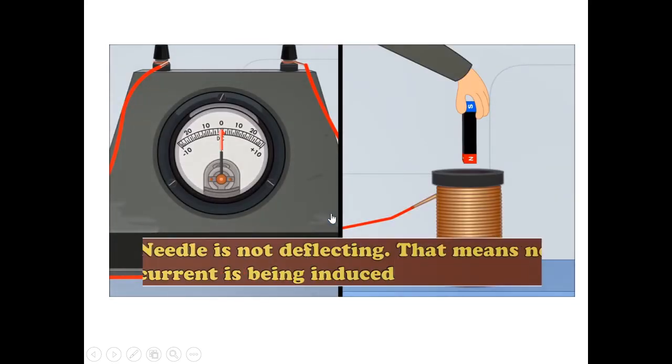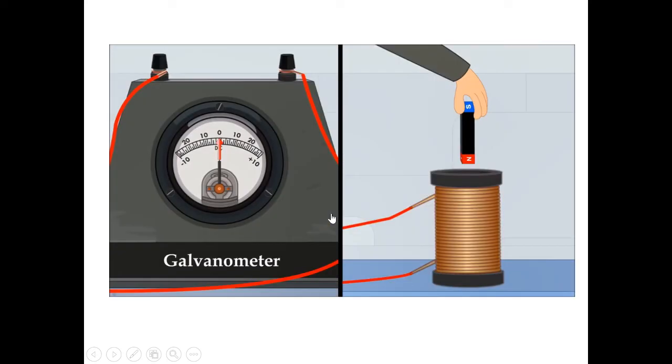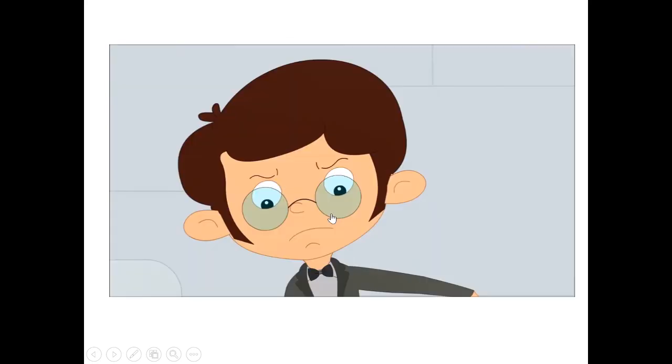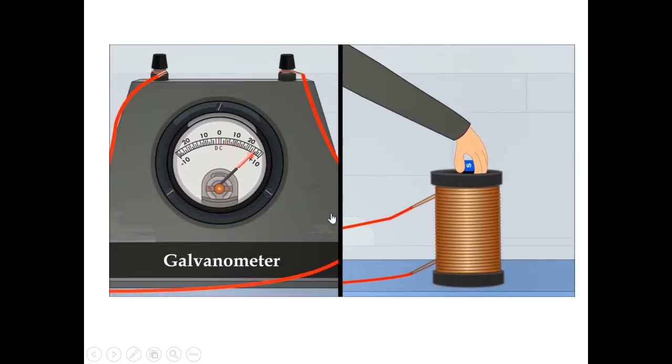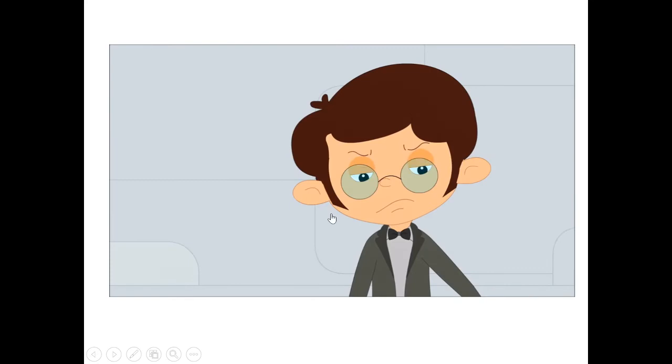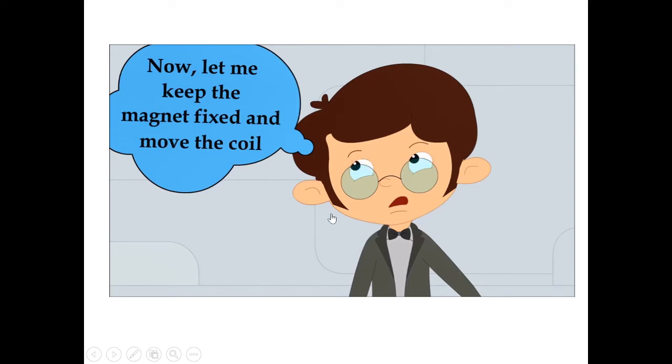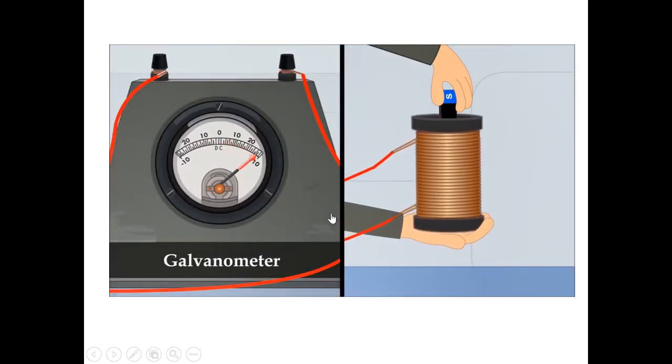It is not deflecting, that means the motion of the magnet is causing the needle to deflect. Now let me keep the magnet fixed and move the coil.